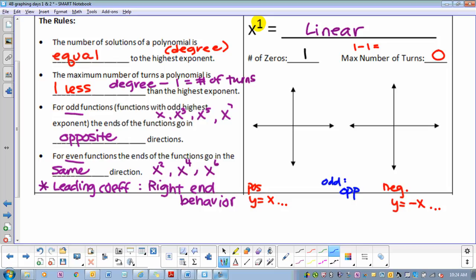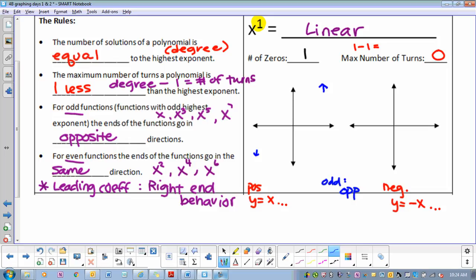So if my graph is a positive y equals x, okay, then that means that my right one should be going up because it's positive, my right side is going up, right arm. Since this is an odd function, they should be doing opposite things. So that means my left one should be going down.